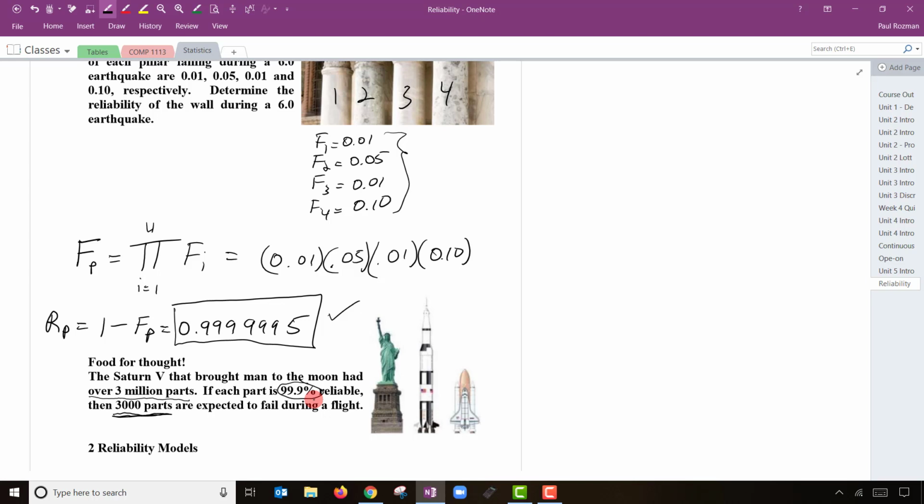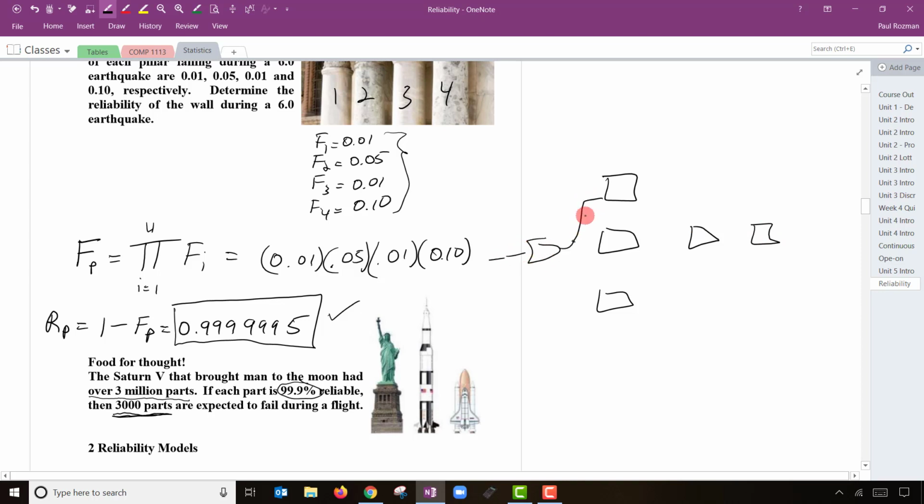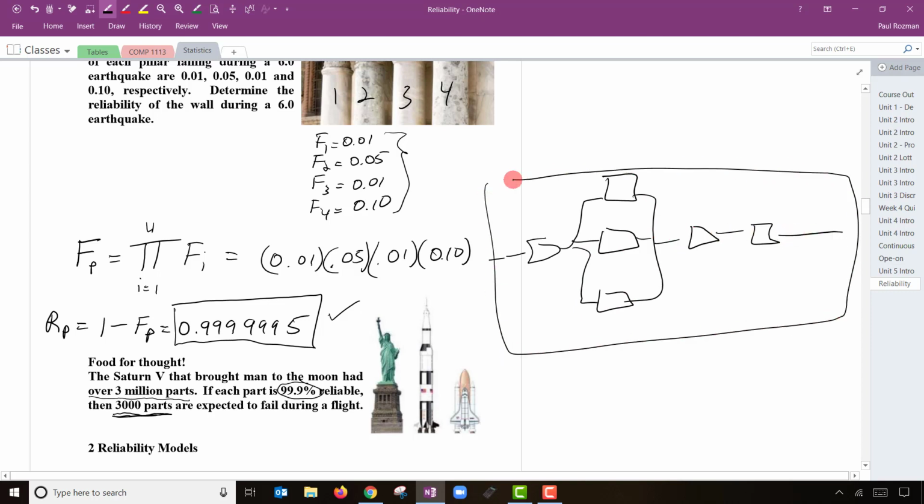Be careful, I can mix these two topics together. I could draw you a picture like this, say, where you have to get through this path, and then we could find the reliability of this sort of system by analyzing it piece by piece. Find the reliability of this parallel section.